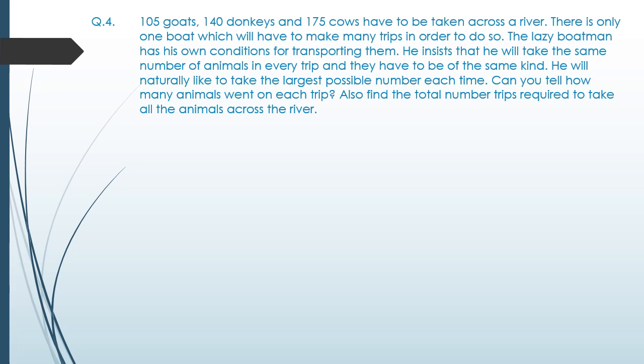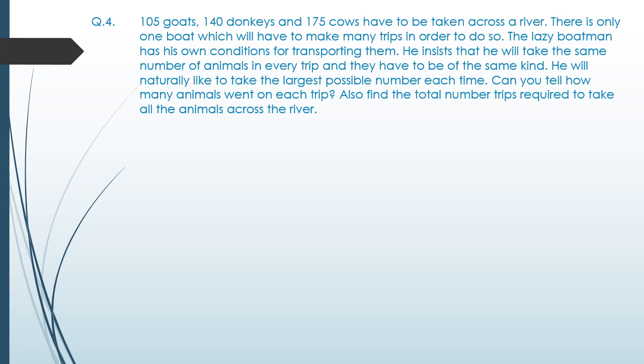So obviously, see the given numbers. The given numbers are 105, 140, 175. Definitely the number of animals which can be taken across the river in one trip cannot be greater than the given numbers. Getting it? So it will not be like there will be 500 animals which he can take across the river in one trip. So the answer will be definitely smaller than the given numbers.